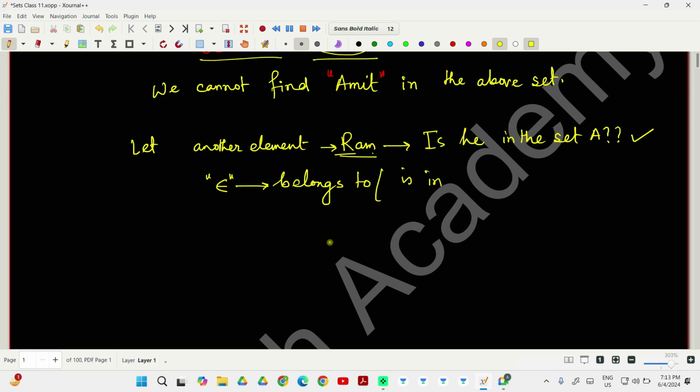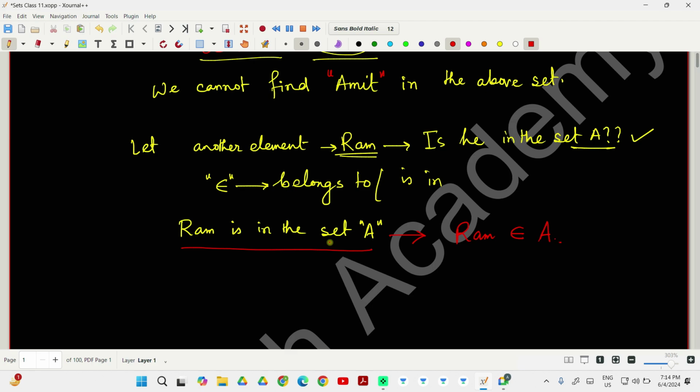That means Ram is in the set A. This is a statement: Ram is in the set A. We denote this statement symbolically like this: Ram belongs to A. Okay?